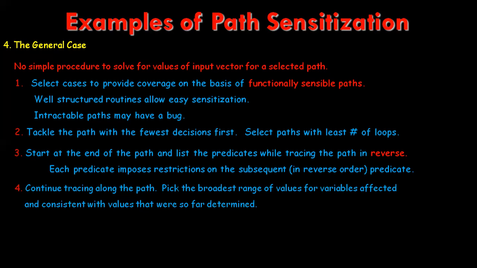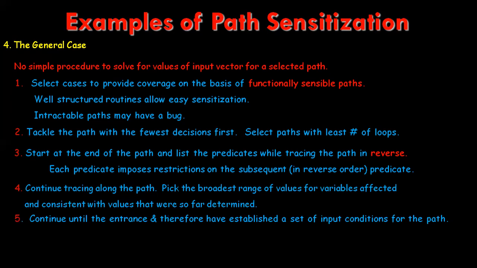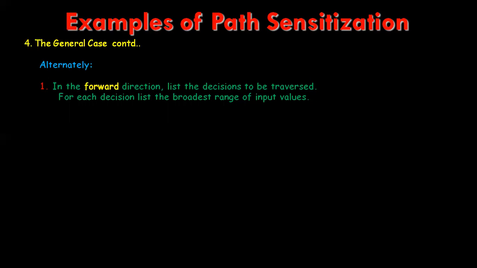Here we have to determine the broadest possible range of values for the predicates that will satisfy the desired path direction. Then we continue working backward along the path until we get to the next decision.